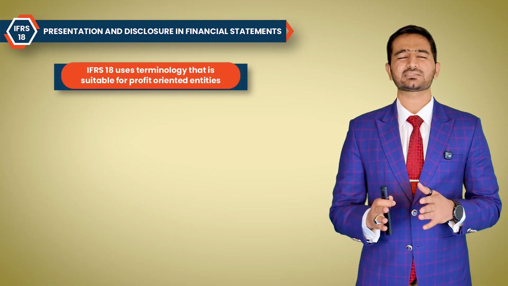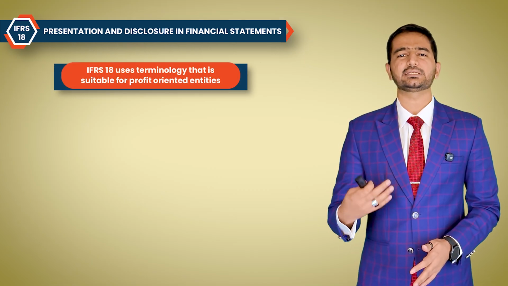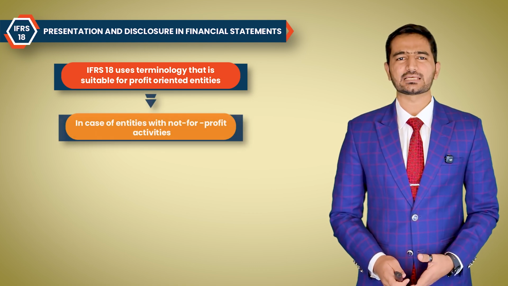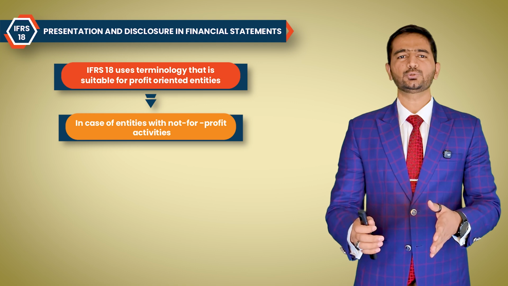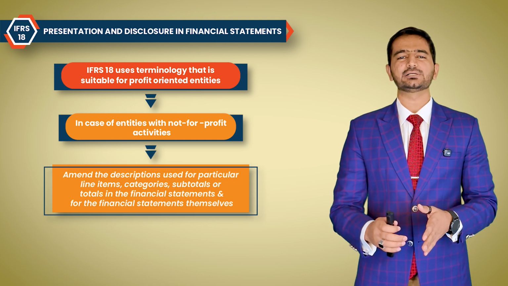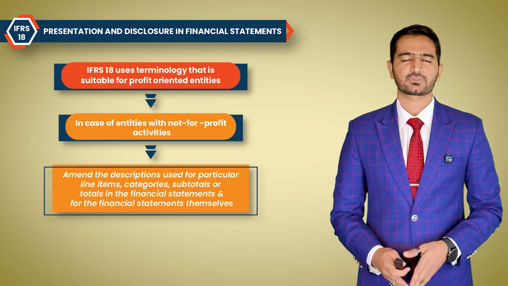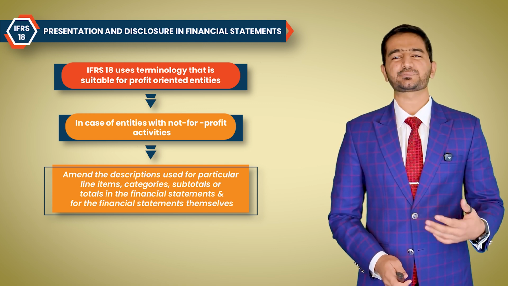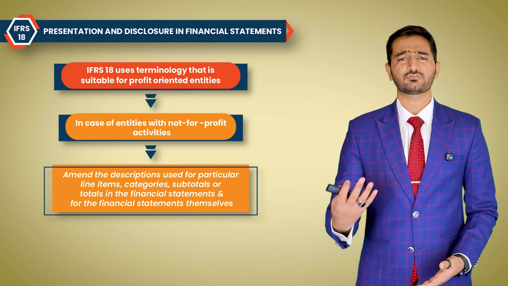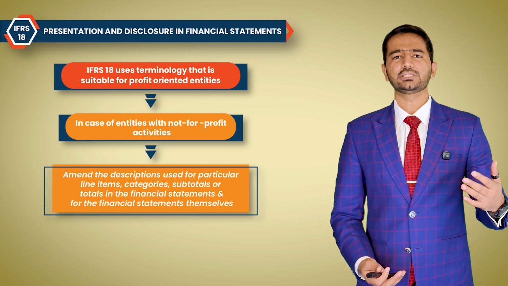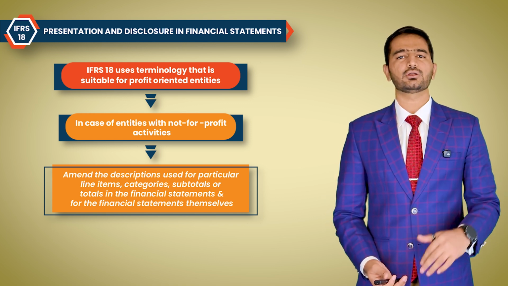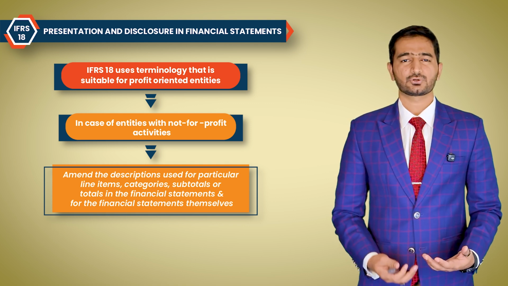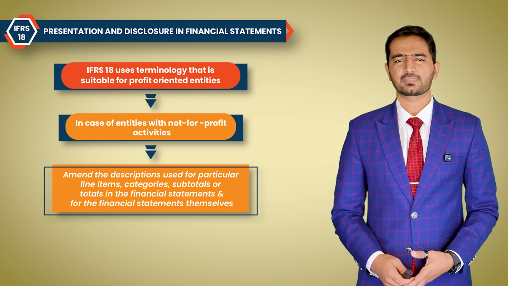IFRS 18 uses terminologies for profit-oriented entities. So if you are dealing with a not-for-profit organization, then you might need to tweak the descriptions and labels in your financial statements. For example, if the entity does not have equity as per IAS 32, as in case of mutual funds, then you will need to adjust your presentation accordingly and use labels like members' interest or unit holders' interest.